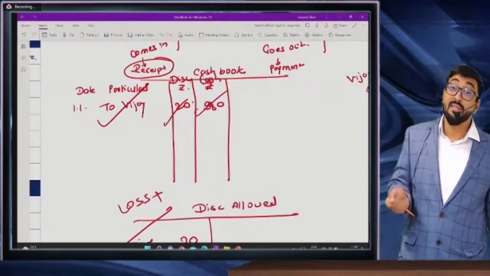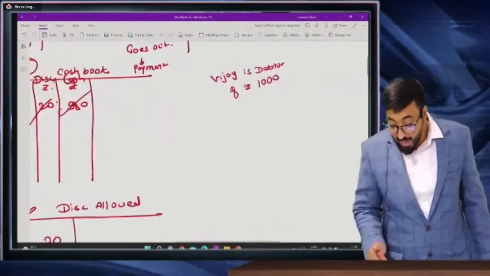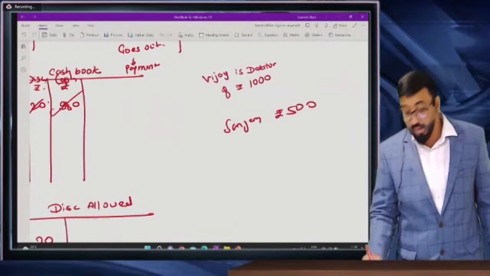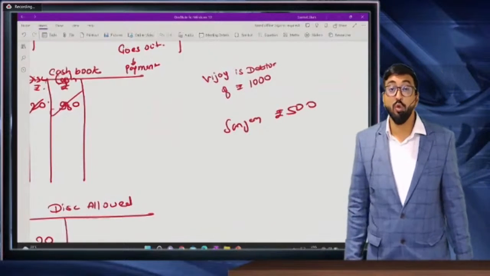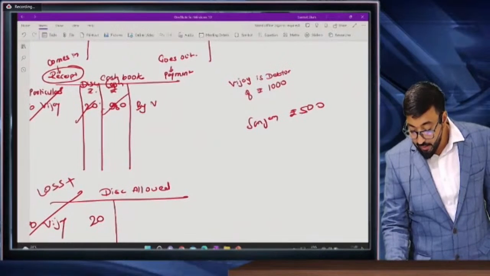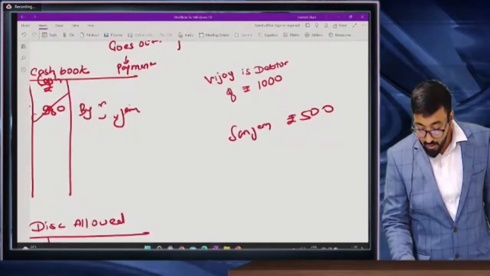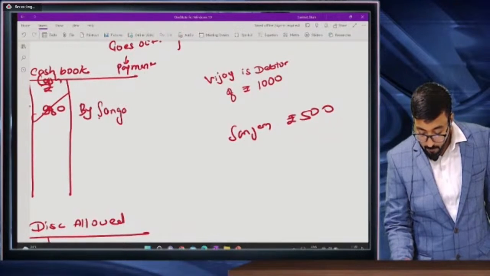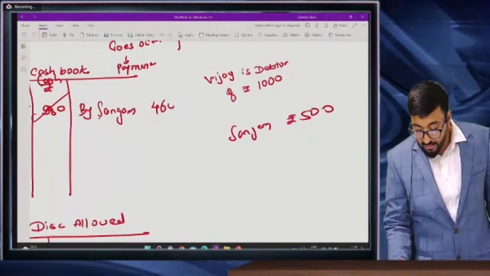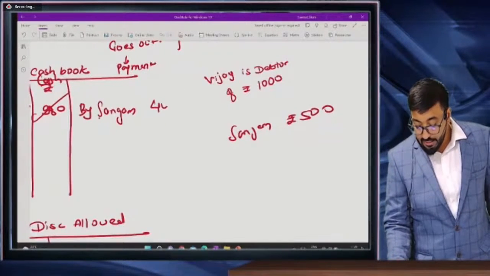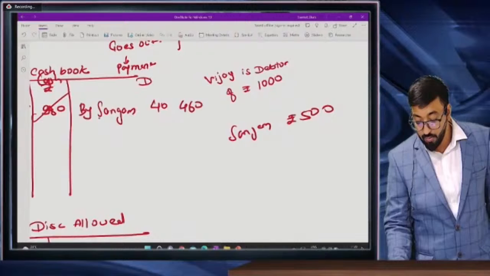Similarly, suppose I have to pay Sangam rupees 500. How much amount do I want to pay? 500. So instead of 500, I paid Sangam 460. So 40 rupees is my discount.